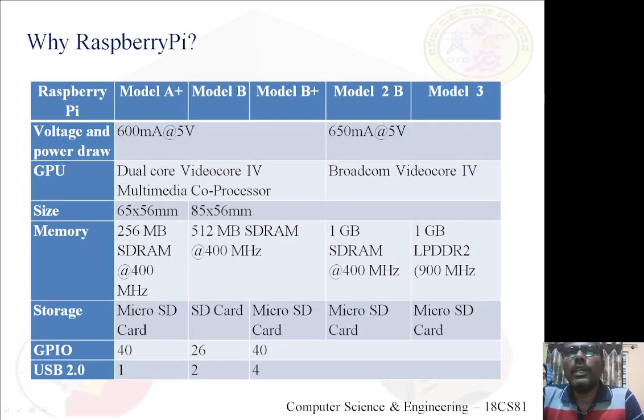Now, when I speak about the voltage and power required, the Model A Plus and Model B Plus require 600 milliamps current at 5 volts, whereas Model 2B and Model 3 require 650 milliamps current at 5 volts.